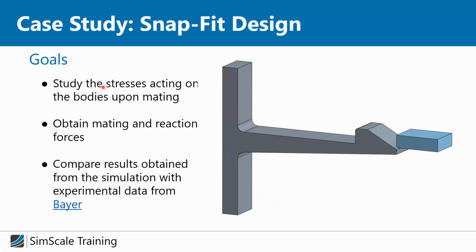So the first thing our customer did was to compare our simulation results with their experimental results based on data provided by Bayer, the German chemistry company, which produces a lot of raw materials for snap fits, like polymers. Basically, we wanted to study the stress acting on the two bodies during the mating process, and also obtain the mating and reaction forces which define the stiffness of this contact.